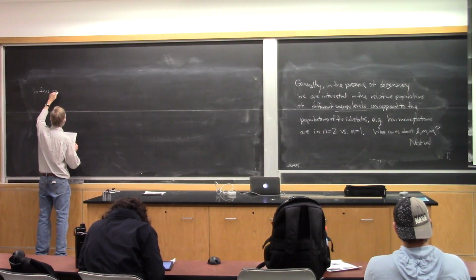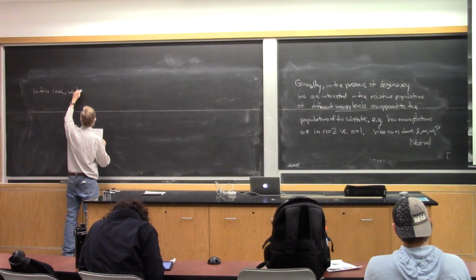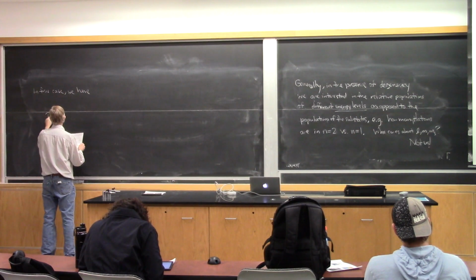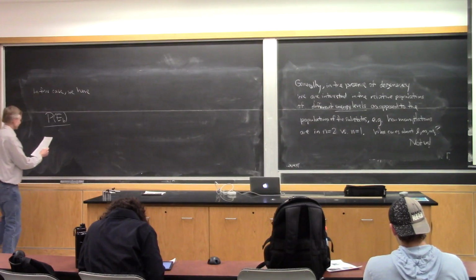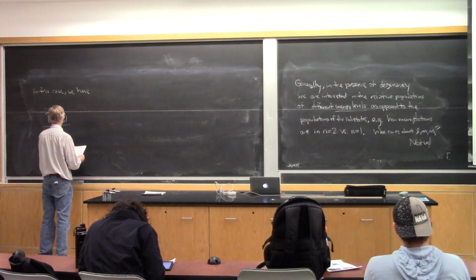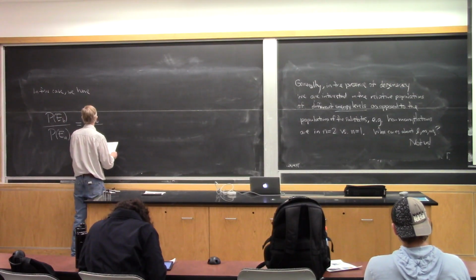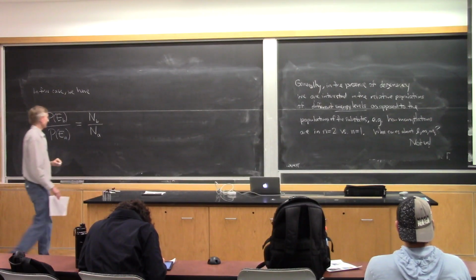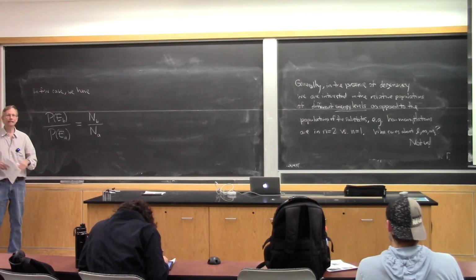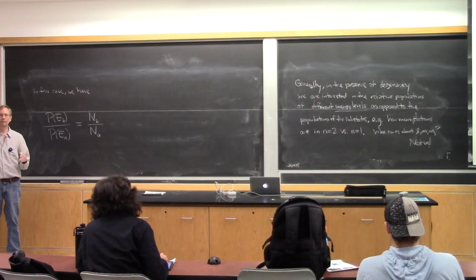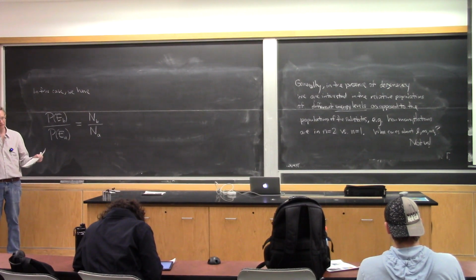In this case, we have that the probability of finding an atom in energy E sub B divided by the probability of finding an atom in energy E sub A will be the same as the ratio of the actual number of atoms in state B and the actual number of atoms in state A, right? In other words, if any given atom has a certain probability of being in a state, that times the total number of atoms would be the total number of atoms in that state.